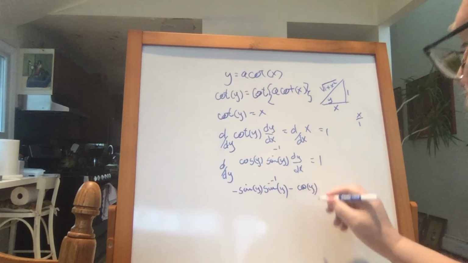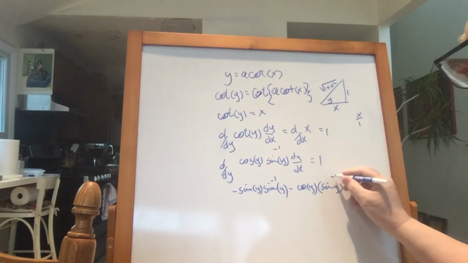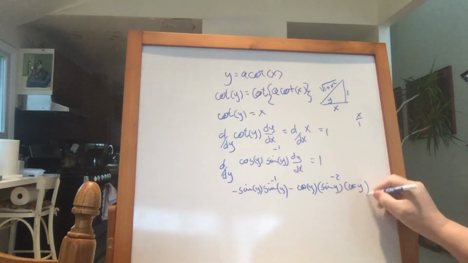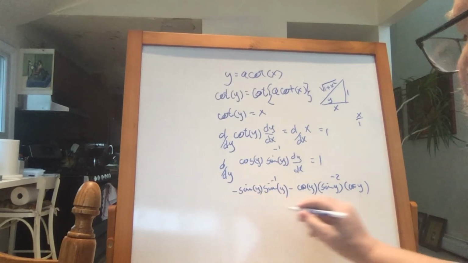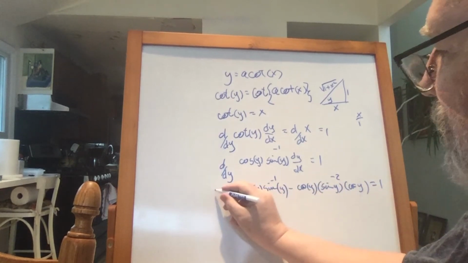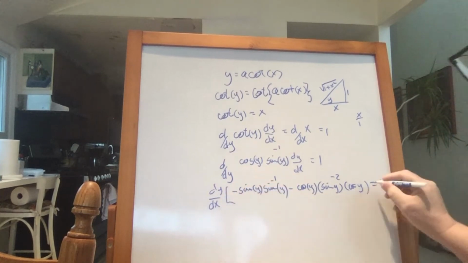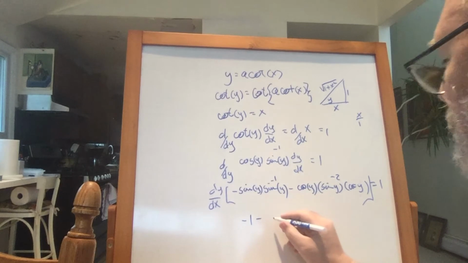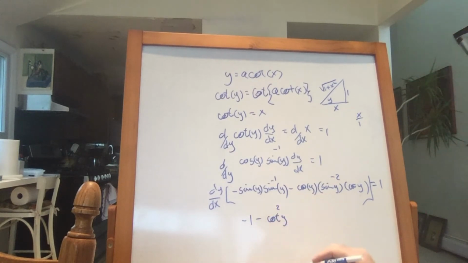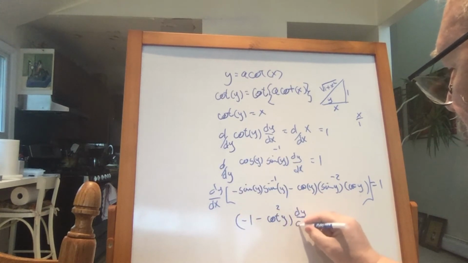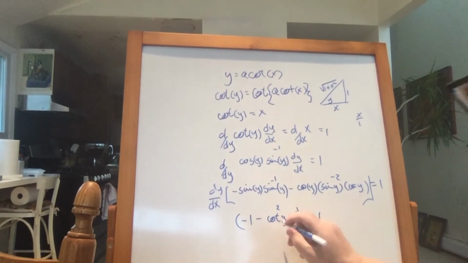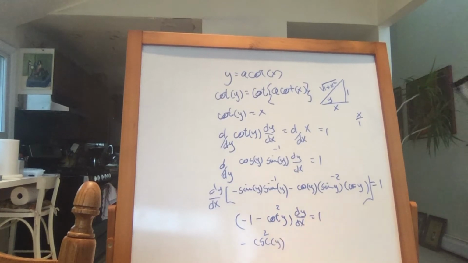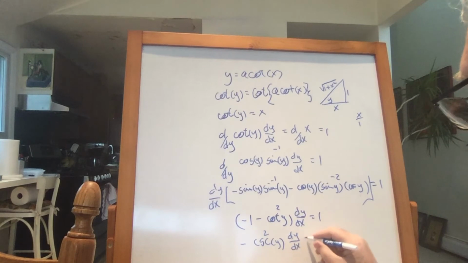This is minus 1 minus cotangent squared y, dy/dx equals 1.